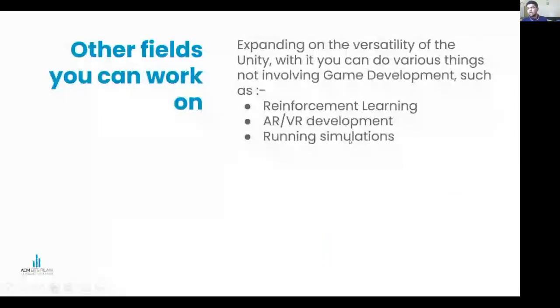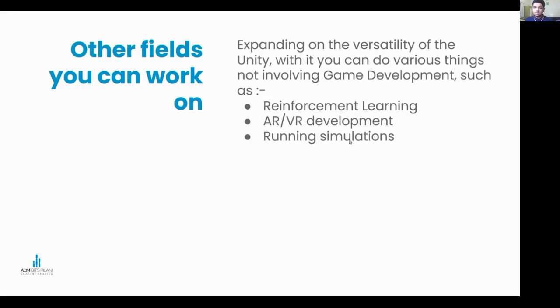So the versatility point that I touched on in the initial slides: Unity as a software allows you to do many more things than game dev, right? So I have listed them here, and I will go in detail. Reinforcement learning. The new TensorFlow and Unity collaboration introduced a library called Unity ML Agents.